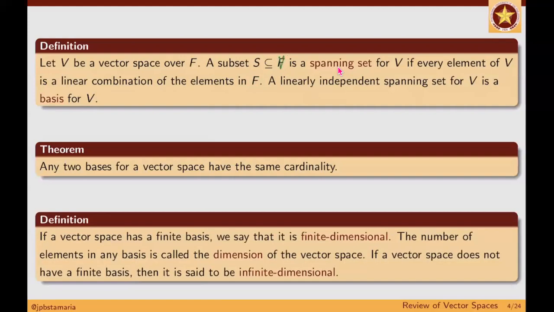Again, V ito at ito ay S. If it is possible for you to get a finite basis for the vector space, we say that the vector space is finite dimensional, at yung number of elements in any basis is what we call the dimension of the vector space. Okay?